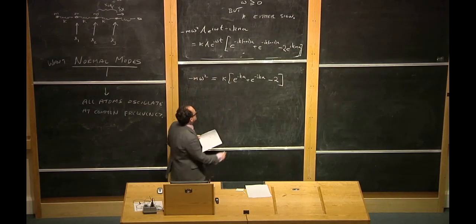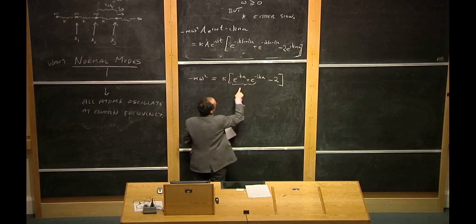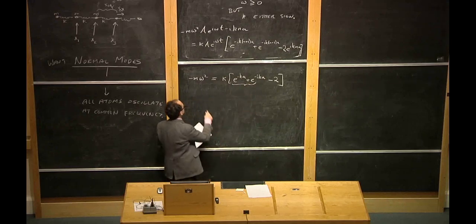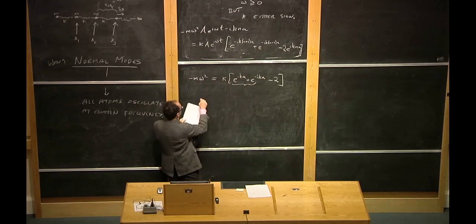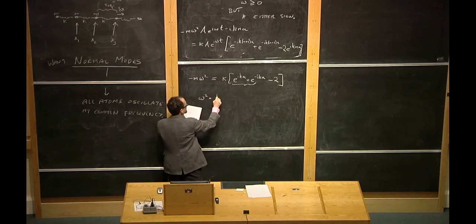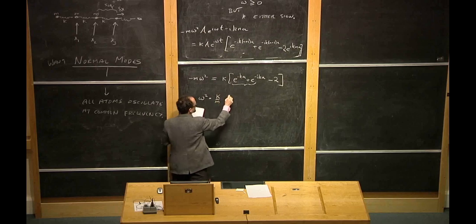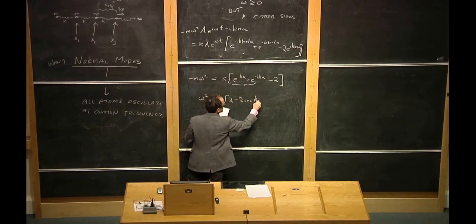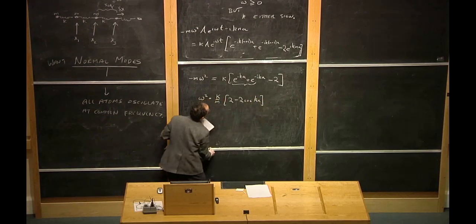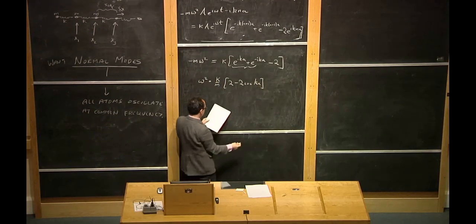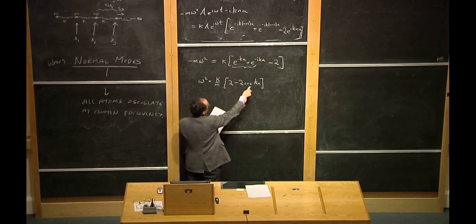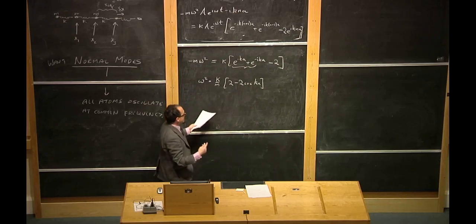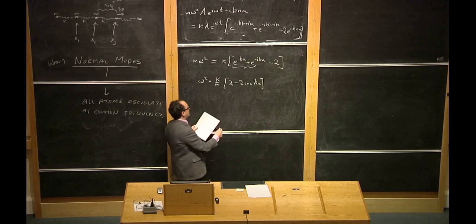Then we can use a trig identity that this thing is actually 2 times a cosine. And I'll move the m to the other side as well, and we get omega squared is kappa over m, 2 minus 2 cosine ka. Another trig identity lets us replace 1 minus cosine ka with sine squared of ka over 2.